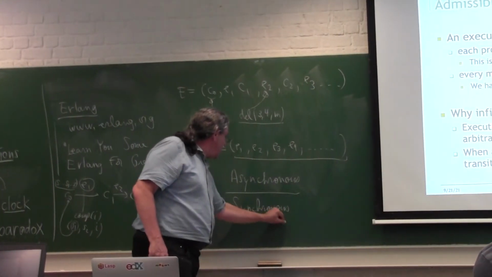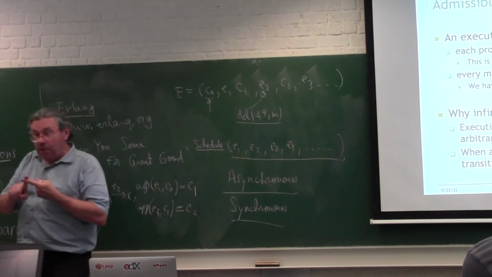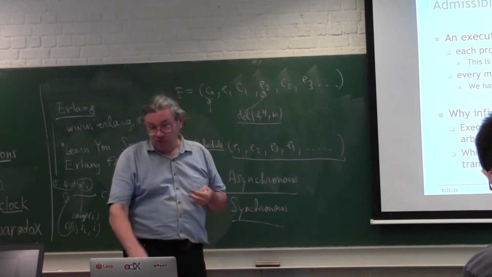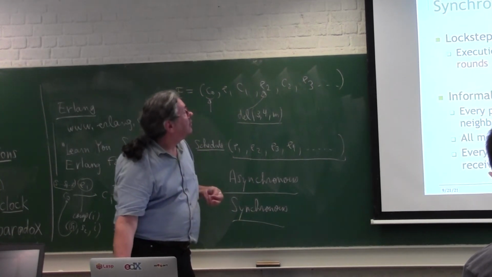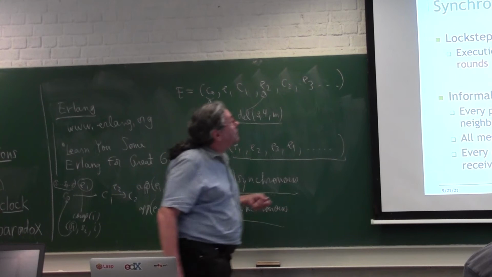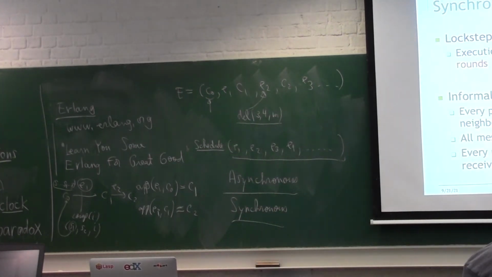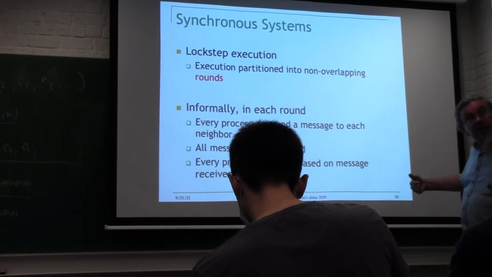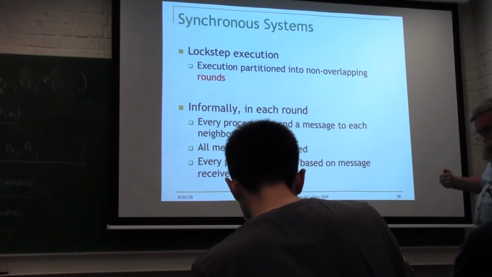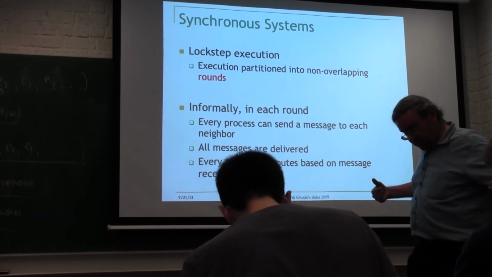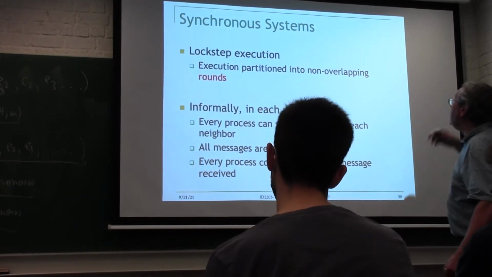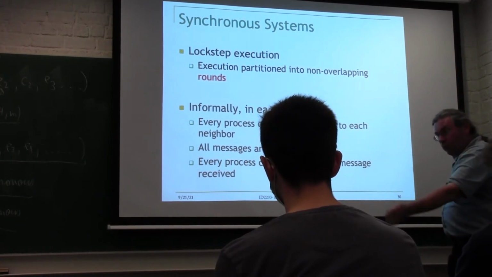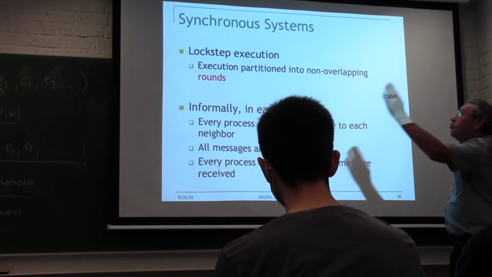Remember, I told you last week that there is a bound on the message time and a bound on the computation, and the bounds are known. So in a synchronous system, all the nodes are following the same clock. They all execute in lockstep, like soldiers all stepping ahead at the same time. It's a global time, maybe every 10 milliseconds: 10, 20, 30.